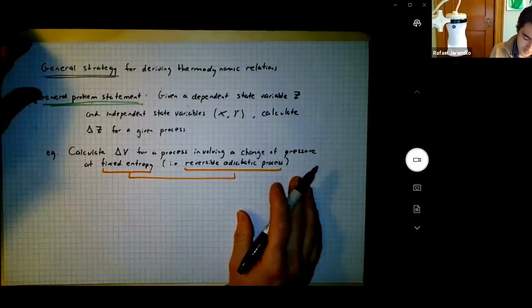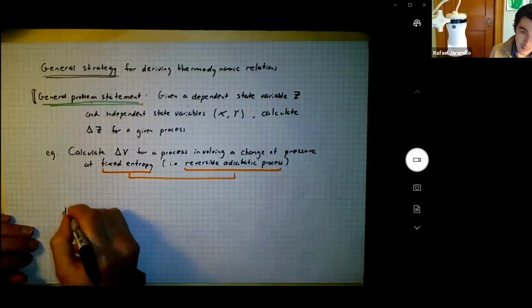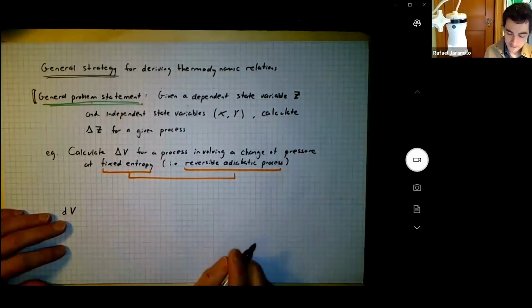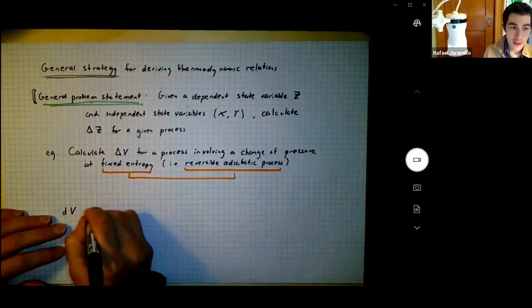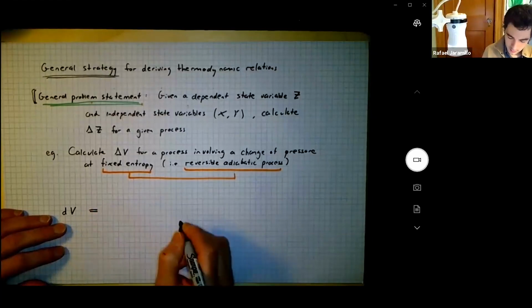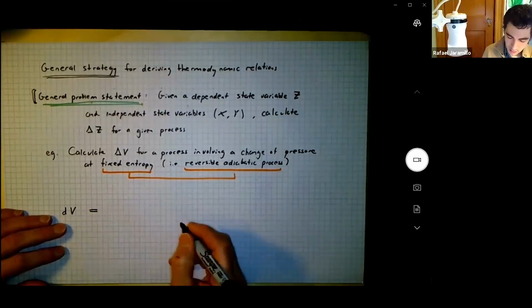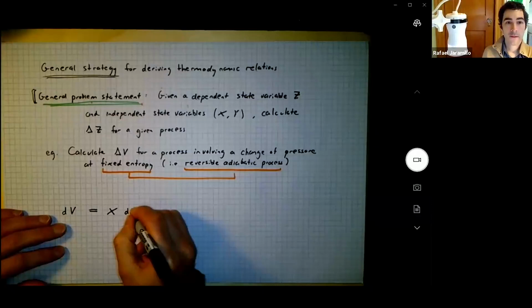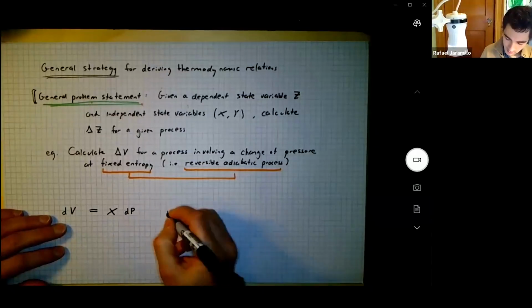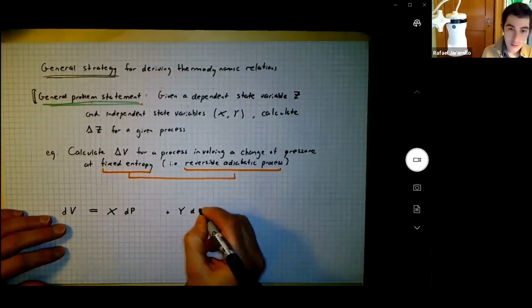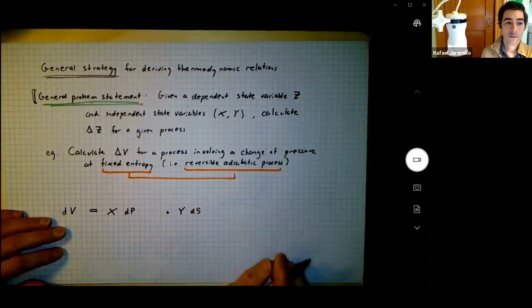We want to write down the differential formula that describes the change in the dependent variable. And this is going to depend on some coefficient times dp plus some coefficient times ds.